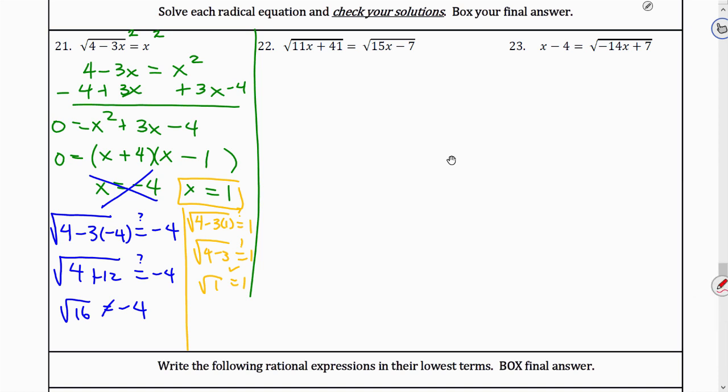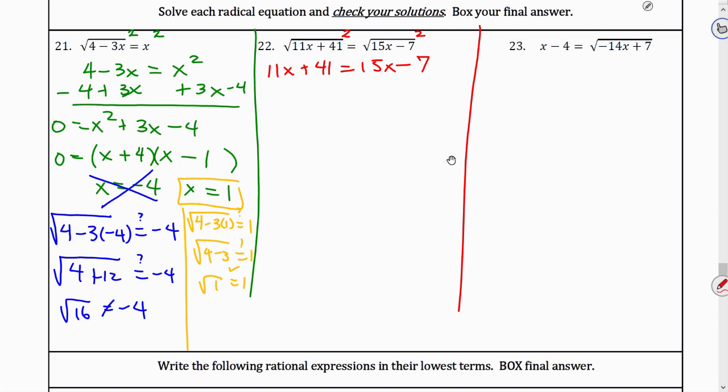Okay, let me do the next one. This one, I've solved for a radical. In fact, I've solved for both radicals. That's nice. If I square both sides, then the radicals go away, and I have 11x plus 41 is equal to 15x minus 7. I want to solve this linear equation, so I'll get my x's to one side and my numbers on the other.